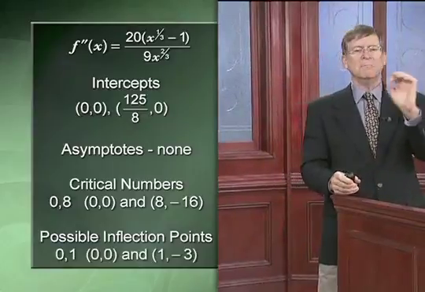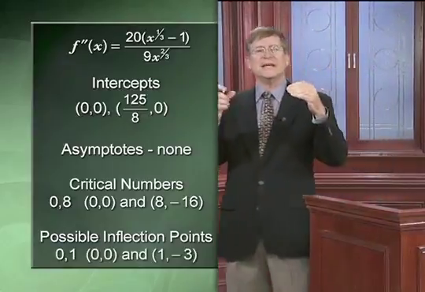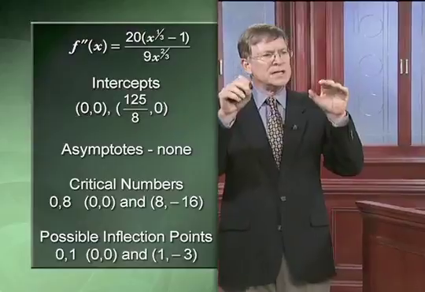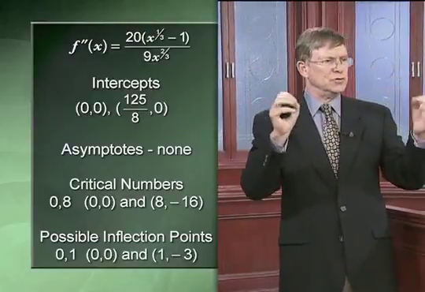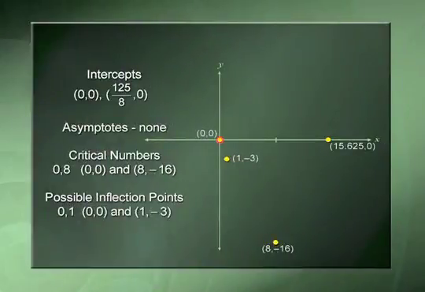and 1, minus 3. So let's do again a preliminary graph putting in some of these early features that we identified. 0, 0; 8, minus 16; 15.625, and then 1, minus 3.